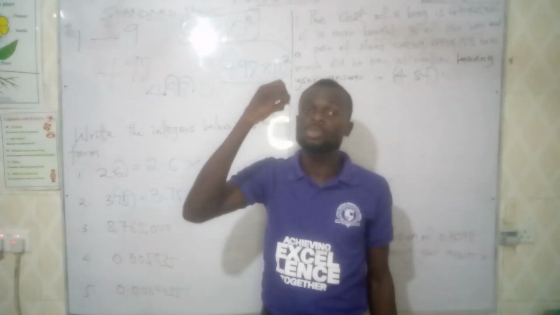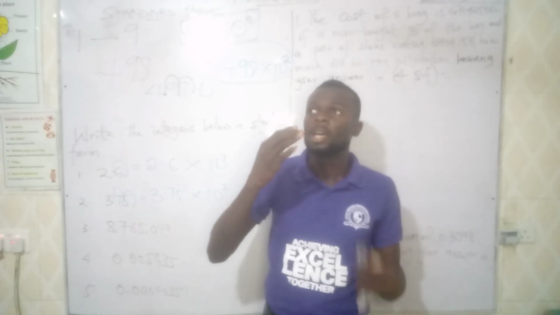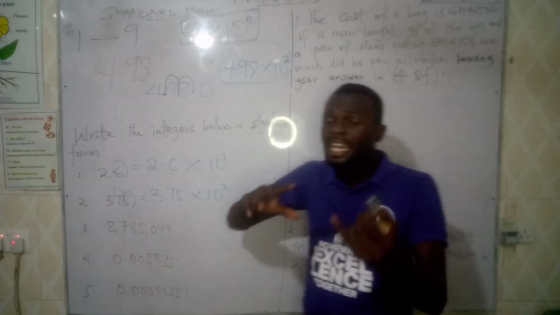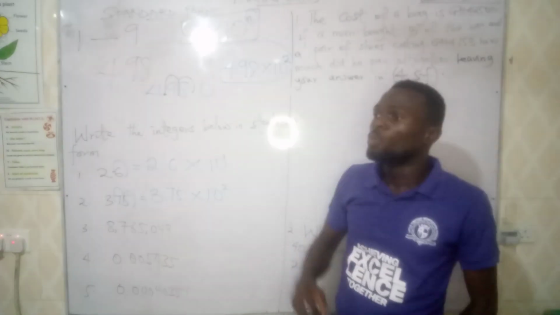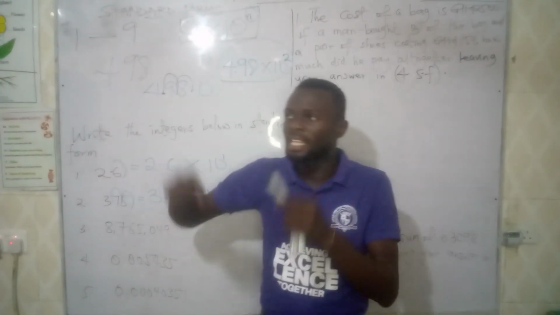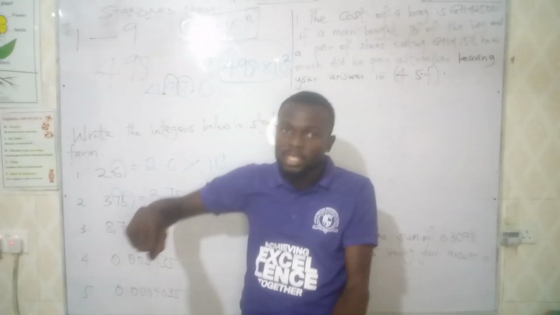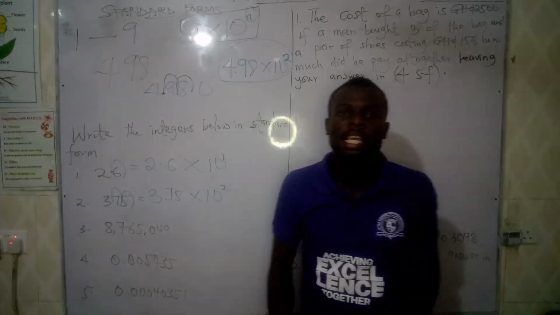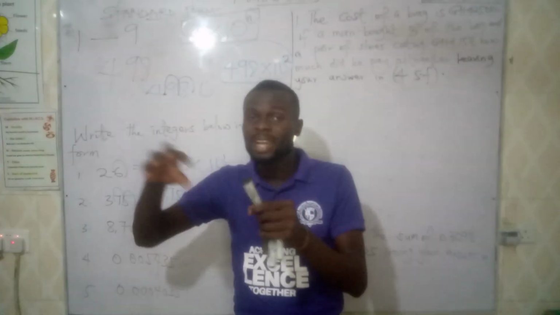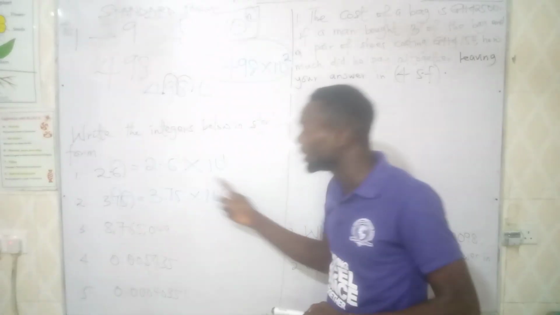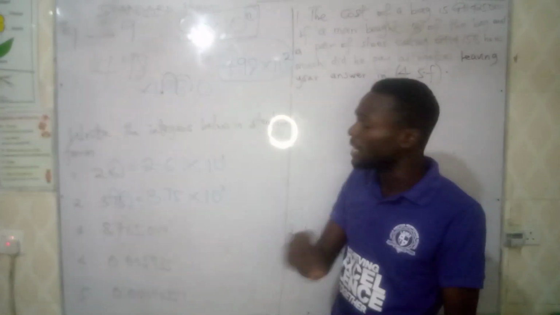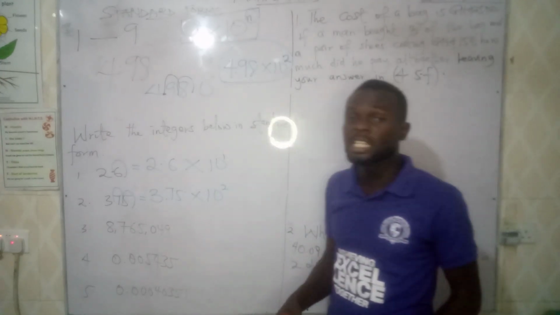Now remember that we've studied how to write a number in a significant figure. We've studied how to write a number in a decimal place. They can combine all these three in one question and tell us that we should leave our answer in a standard form with 2 decimal places, or in a standard form with 1 decimal place. So for it to be a standard form with 2 decimal places, there should be 2 numbers after the decimal point.